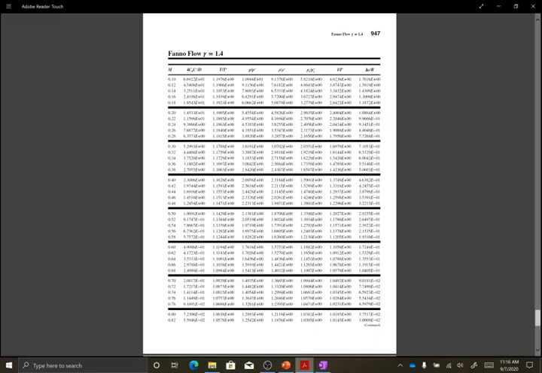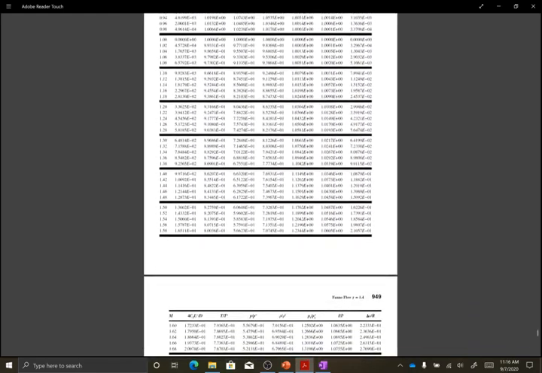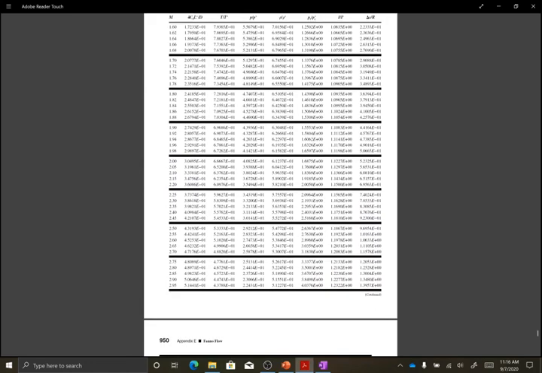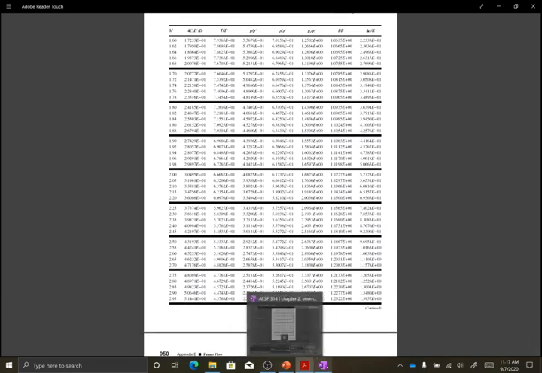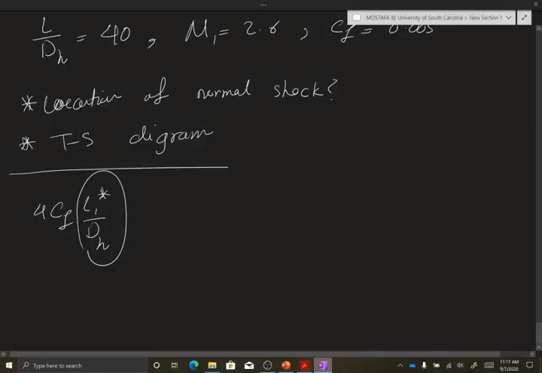For M equals to 2.6 and gamma is 1.4 here again, right? Supersonic condition. 2.6 Fanno flow. This is your condition. You can have the pressure ratios, whatever you need. 4CF L star over D. Okay. For M1 equals to 2.6, this ratio is going to be equal to 0.45253.